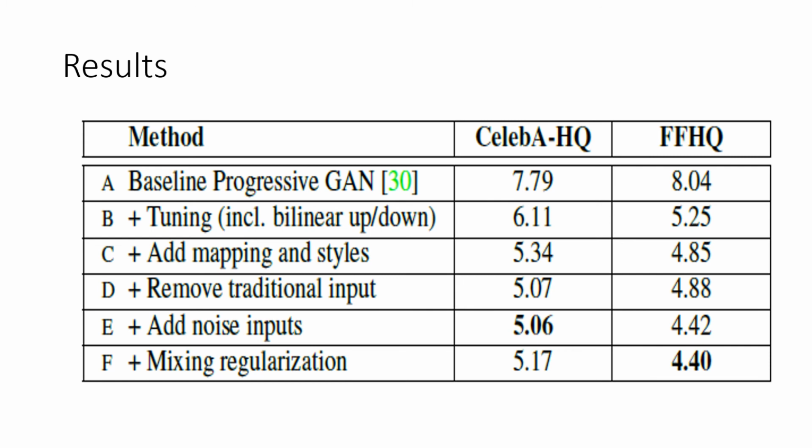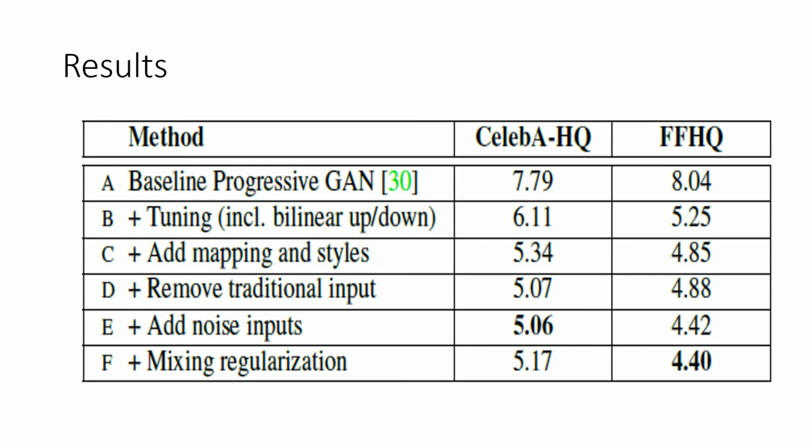The chart here shows the FID scores of different configurations of the model. The FID score is a score used to benchmark generative adversarial networks. The lower the FID score, the better the model is. They found that the more they added the novel designs to the baseline GAN architecture, the better the FID score is.